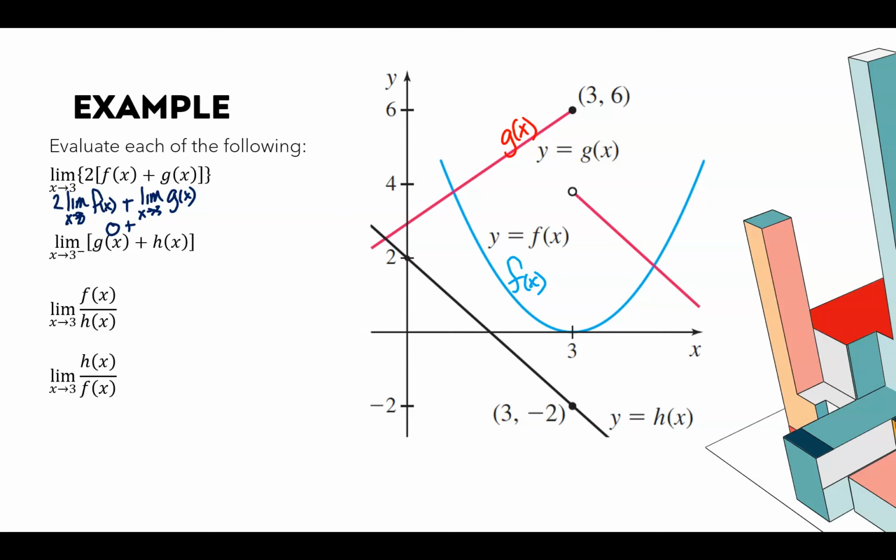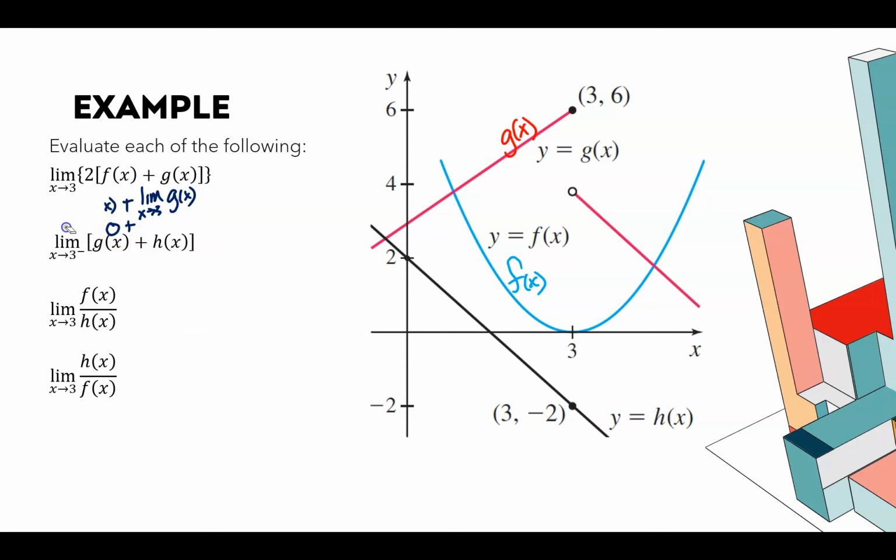Man, I have a lot of writing to do with not enough room. So the limit as x approaches 3 of g of x does not exist because the limit as x approaches 3 from the left of g of x is 6, and the limit as x approaches 3 from the right of g of x is 4. Since those aren't equal, we can't do this.